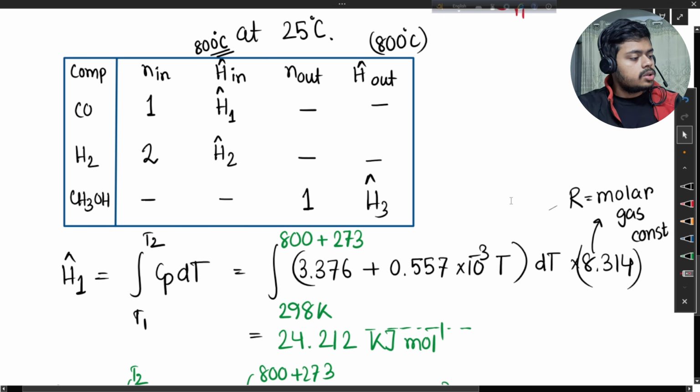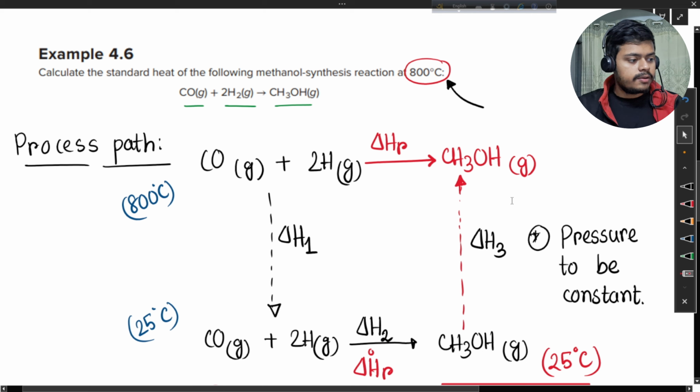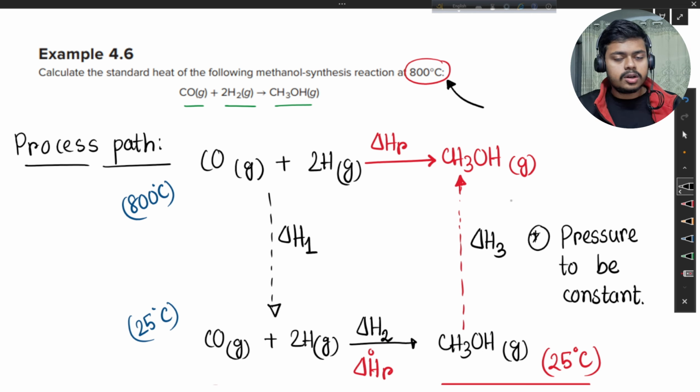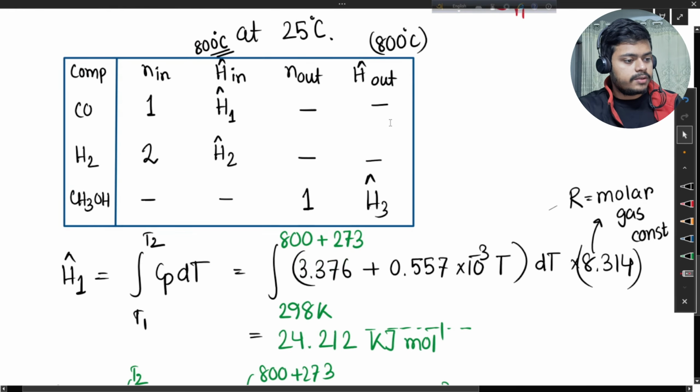Okay, so now we have calculated the necessary components for calculating delta H1. We have also calculated delta H3, and now what is left is the heat of reaction at 25 degrees Celsius.